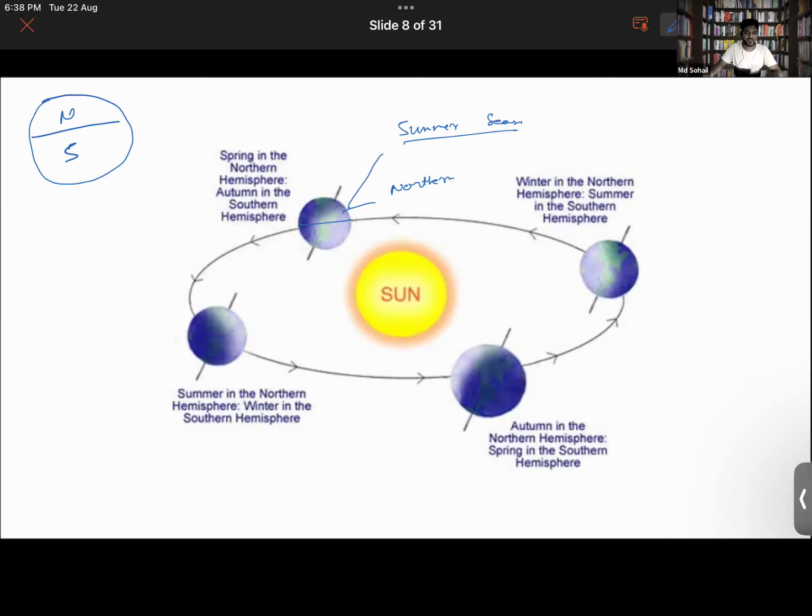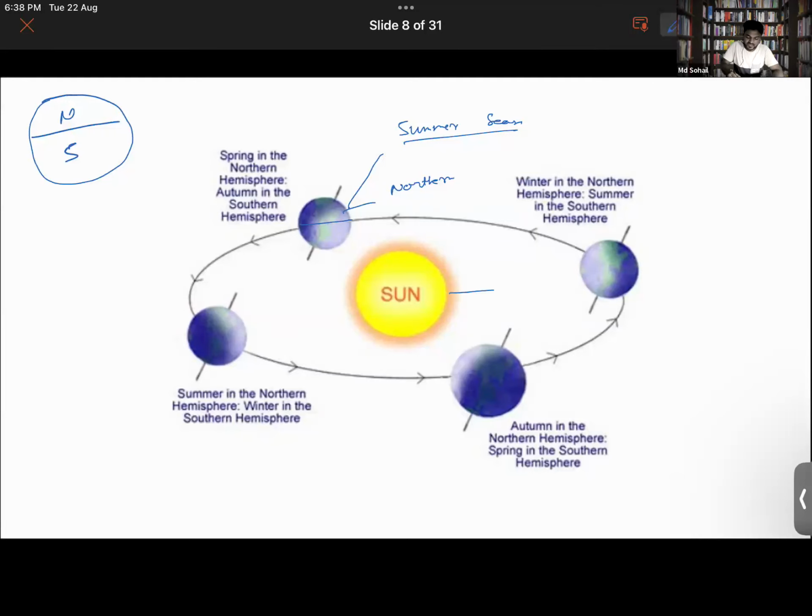Hence the days are longer, since for a longer duration sunlight is reaching the northern hemisphere. Getting it? During the summer season.